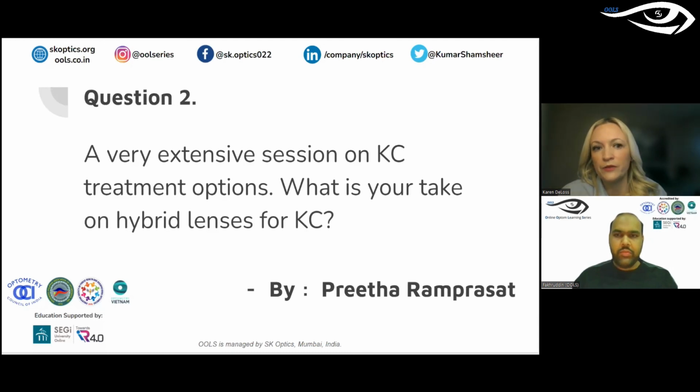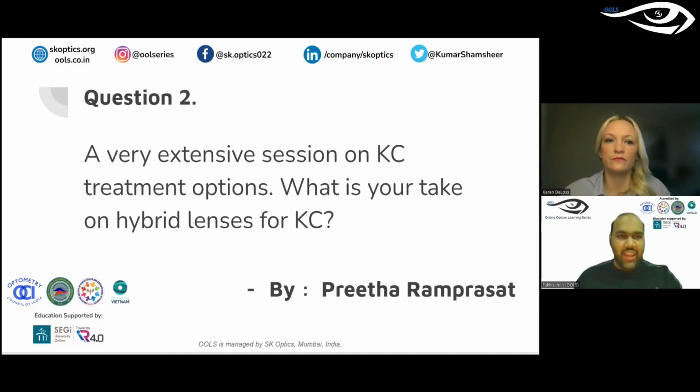But if a patient's having intolerance to a gas permeable lens, I will either do a piggyback, sliding that soft lens under the gas permeable lens, or the hybrid lens is another good option. And it can also be a good option for patients that have a little bit of dry eye with the keratoconus because the optics are very good. Right, great. It gives good optics as the RGP. So the GP lens will provide good vision for that.